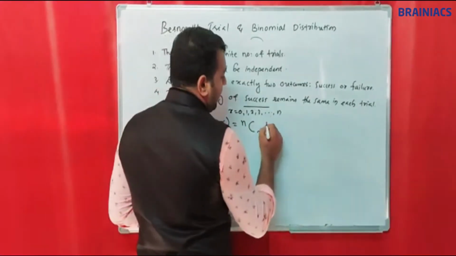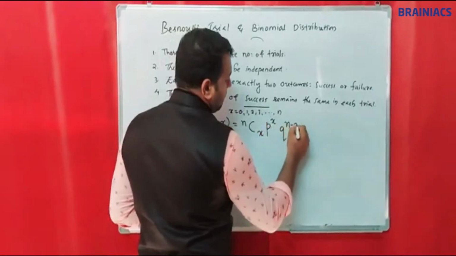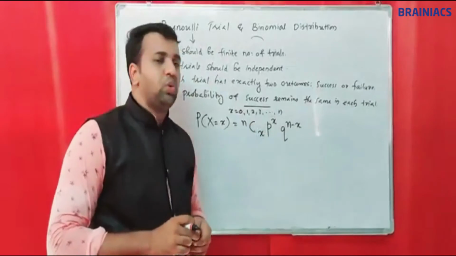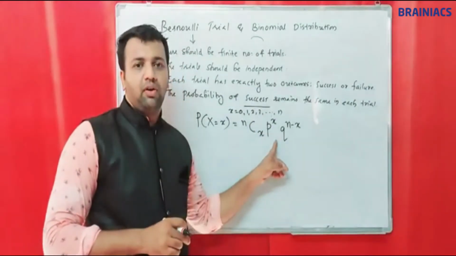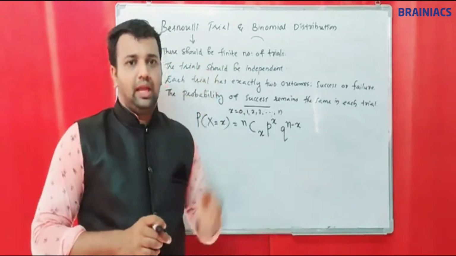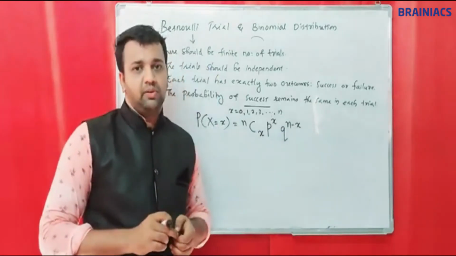nCx p raised to x, q raised to n minus x. This is the formula for finding the probability of a Bernoulli trial or binomial distribution, to make a binomial distribution.